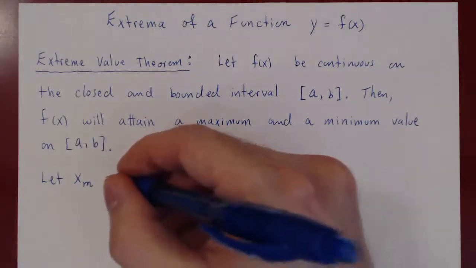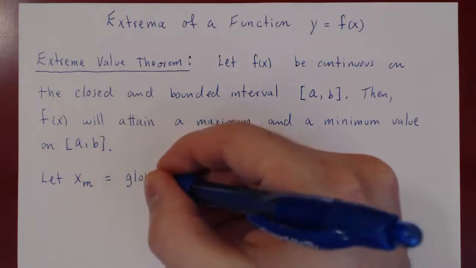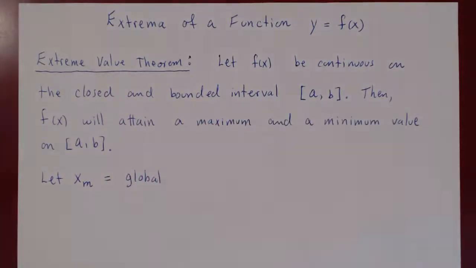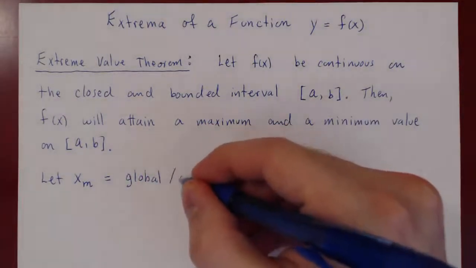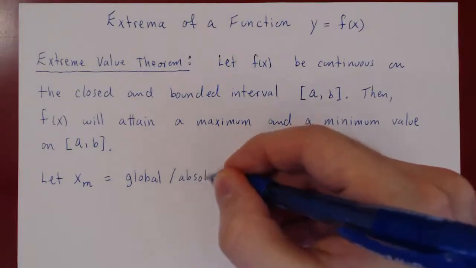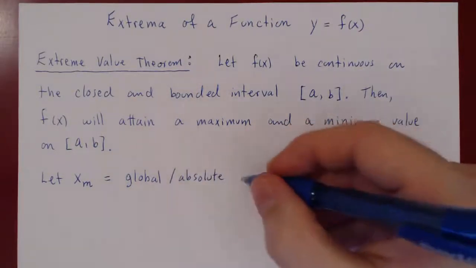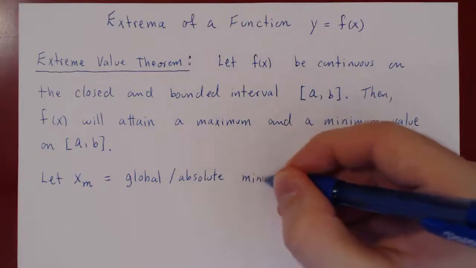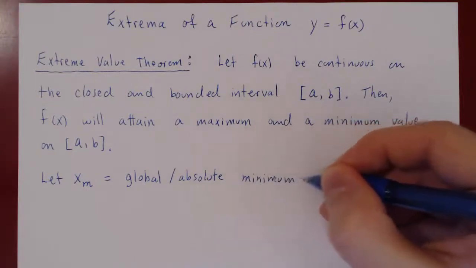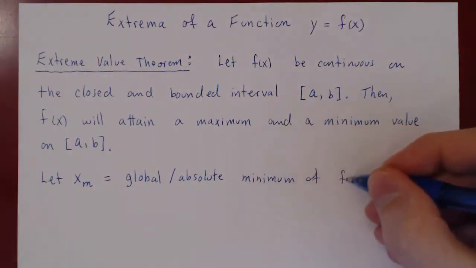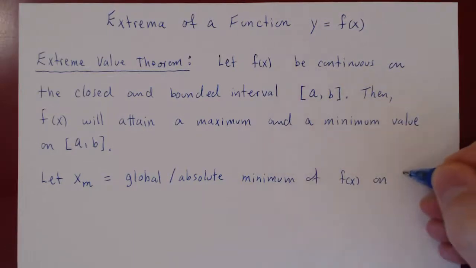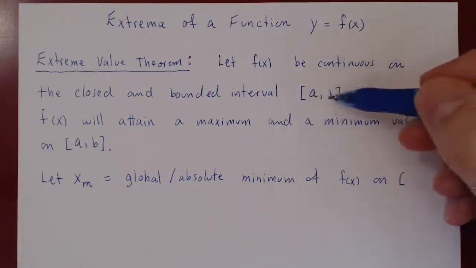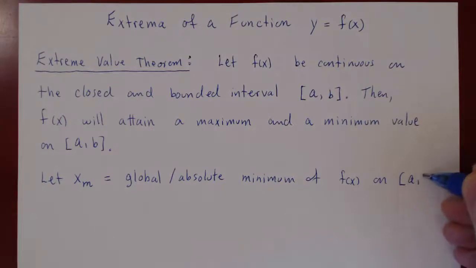So we let xm be equal to the global, and a synonym of global is absolute, minimum of f of x on, because we restricted the function to a to b, the interval from a to b.